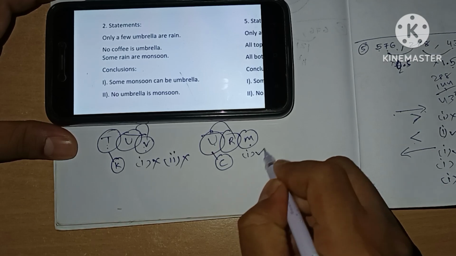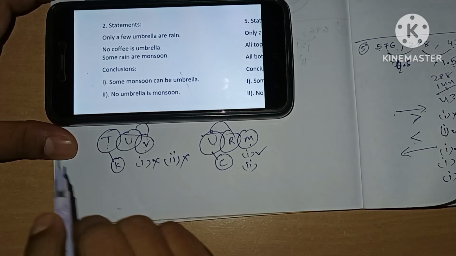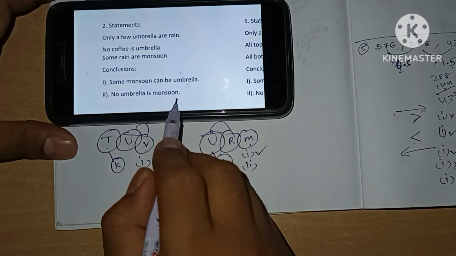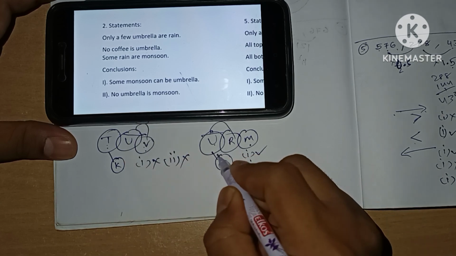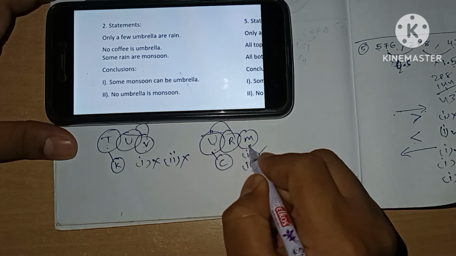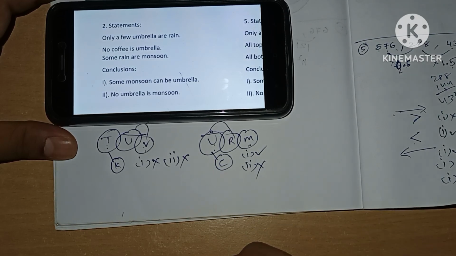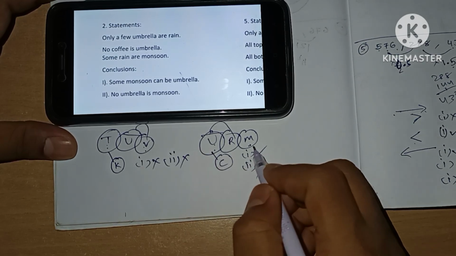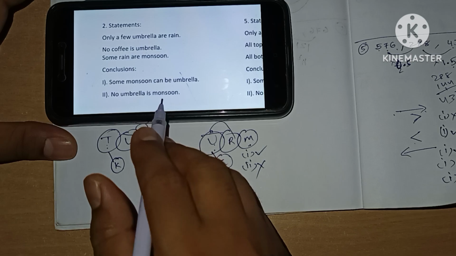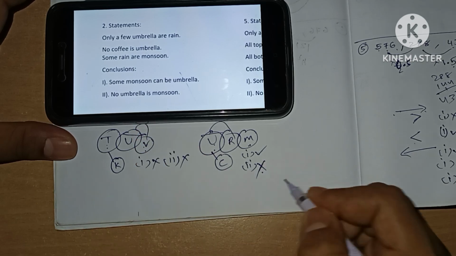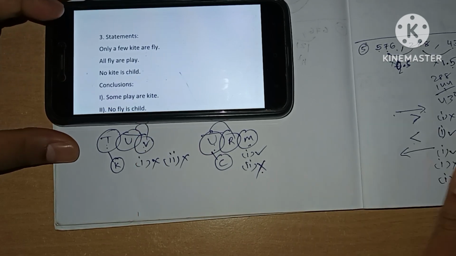So the first conclusion will be true. Second conclusion, no umbrella is monsoon. Umbrella and monsoon, we can share some part. So the second conclusion will be false, because we can share some part. Some part is possible means no case will be not possible. So this is false.